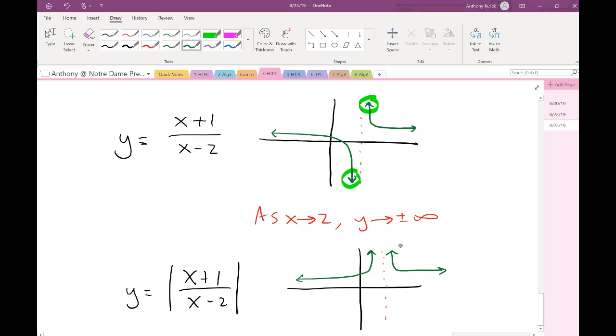Either one is still an infinite discontinuity, whether the arrows point in the same direction or opposite directions at that asymptote. And obviously you can have multiple infinite discontinuities in the same graph. We saw examples of that in Algebra 3-4 last year. There are lots of things that we graphed that had multiple vertical asymptotes on them. Everybody feel okay there?